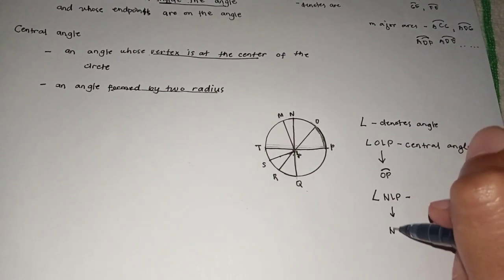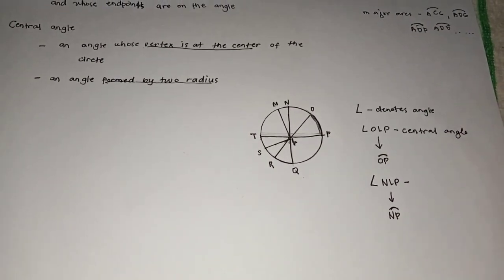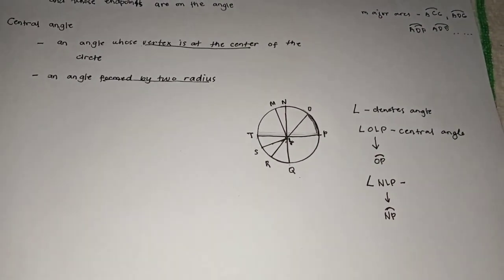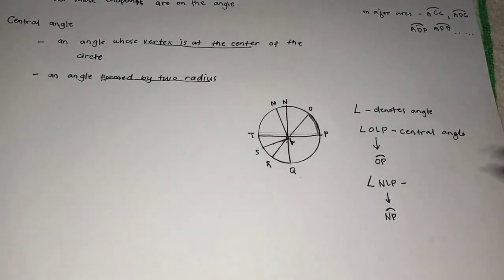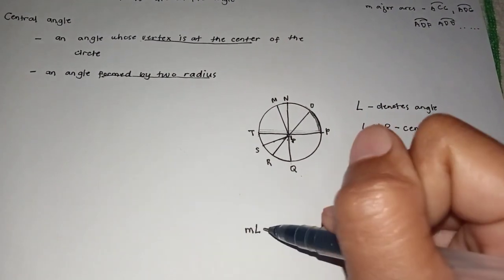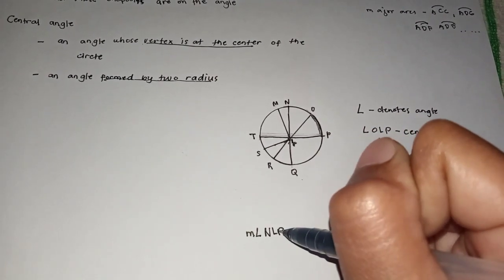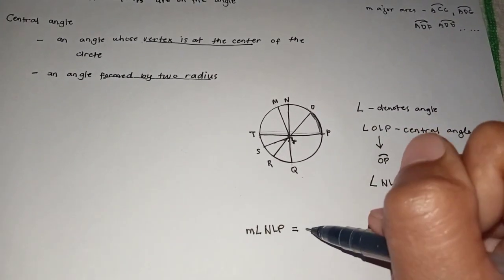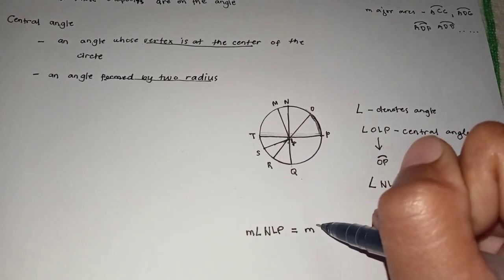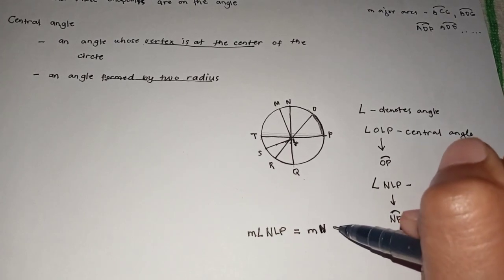Again, as I said earlier, the measure of angle NLP is equal to the measure of arc NP, where NP is the intercepted arc.